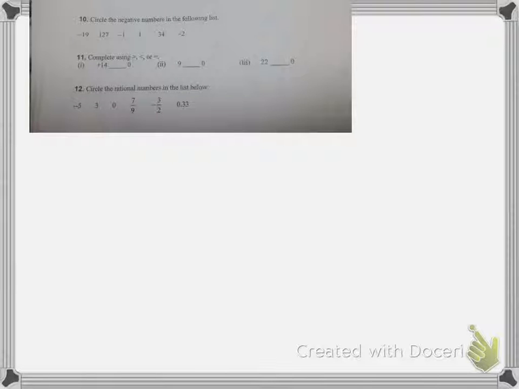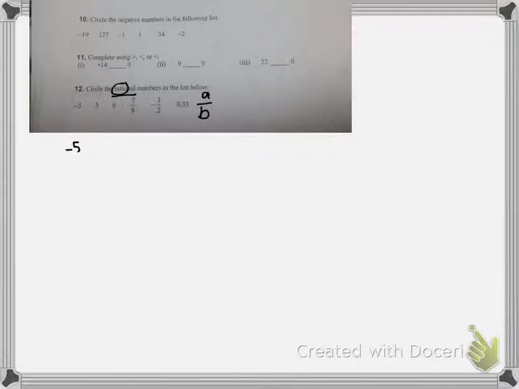For the next one, they want us to circle the rational numbers in the list below. So once again, we have rational numbers. Rational numbers are, once again, like we've worked with ratios, and ratios is simply when you have one number over another number. So a rational number is any number that can be written as a fraction.